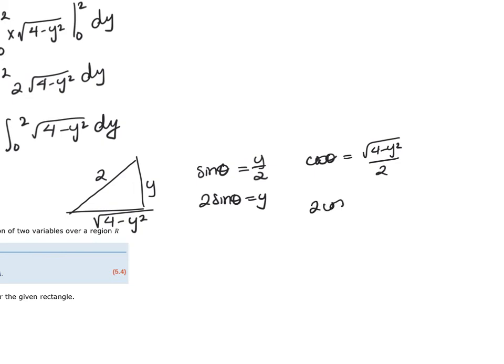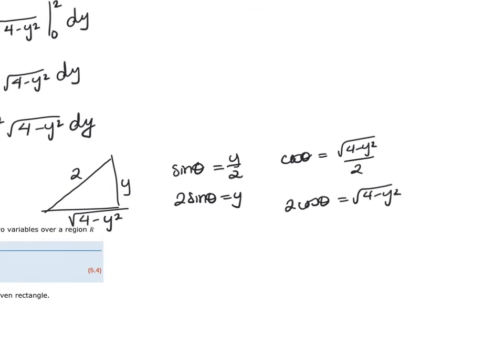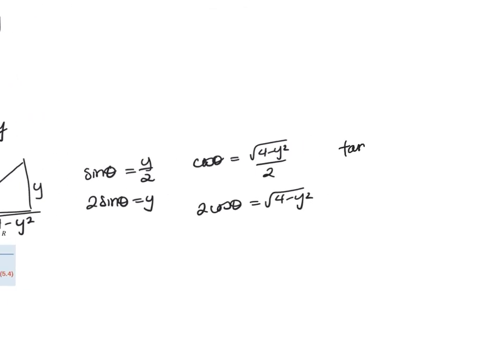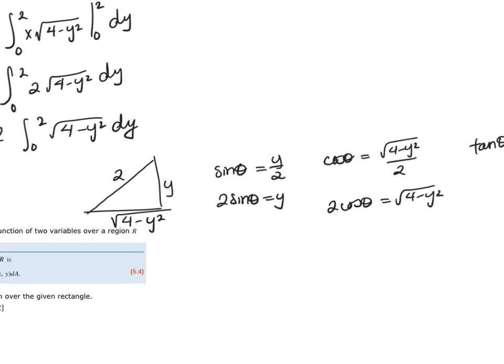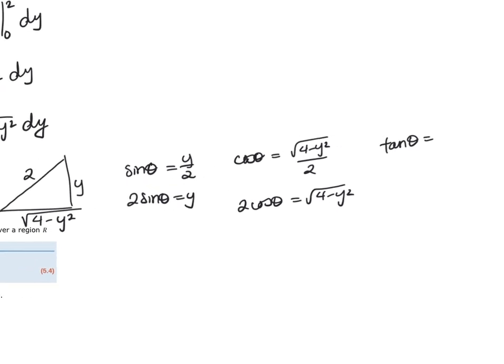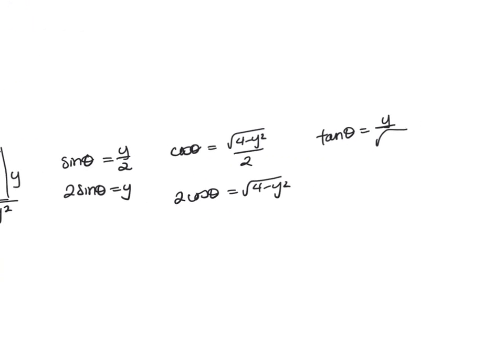So 2 cosine of theta is going to equal the square root of 4 minus y squared. Of course, I have the tangent of theta, and that's going to just be, not nice, y over the square root of 4 minus y squared.